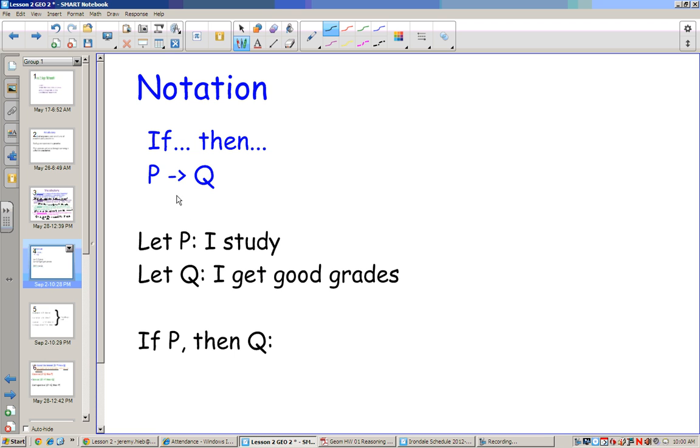Now we can write this in a notation we call logician shorthand, where P goes to Q. So what that would be saying is let P be I study and Q be I get good grades. Then P goes to Q would mean if I study, then I get good grades.